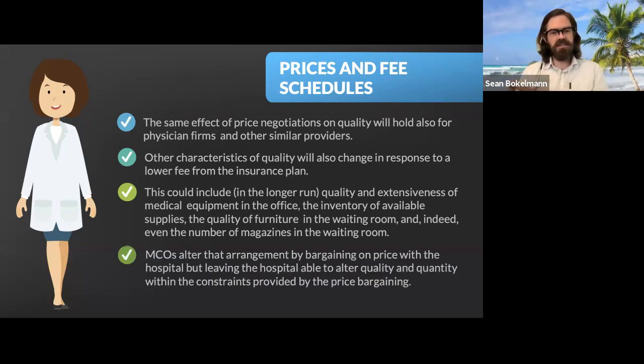And so MCOs altering the arrangement by bargaining on price are basically gonna leave these sorts of quantity and quality issues up to the discretion of the hospital or the physician firm.